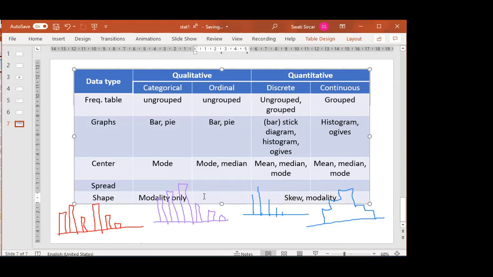Now here, in case of ordinal data, you see this rough graph. Do you think it's possible to talk about shape? Yes, the modality will stay the same even if you reverse it. But what about symmetric versus skewed?